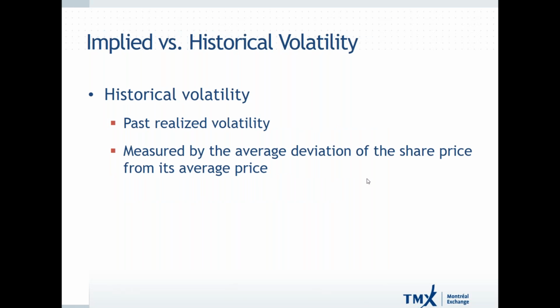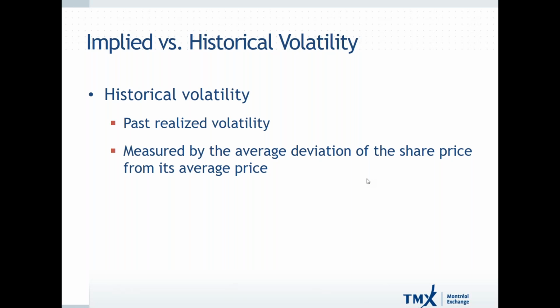There are two types of volatility that we're considering when we're looking at a stock, the overall market, or an options contract. The first is historical volatility. Historical volatility is quantifiable. We can measure that fairly accurately because it is a function of past realized volatility.